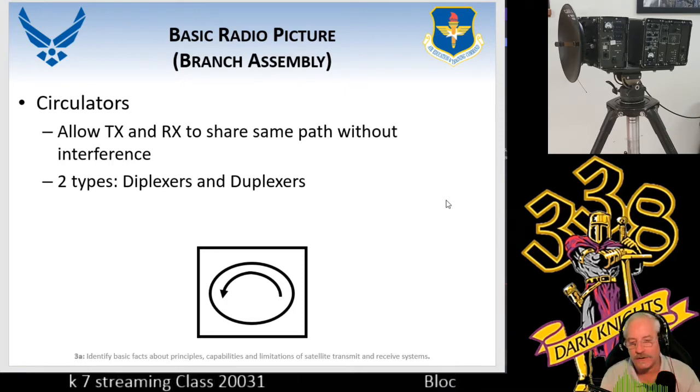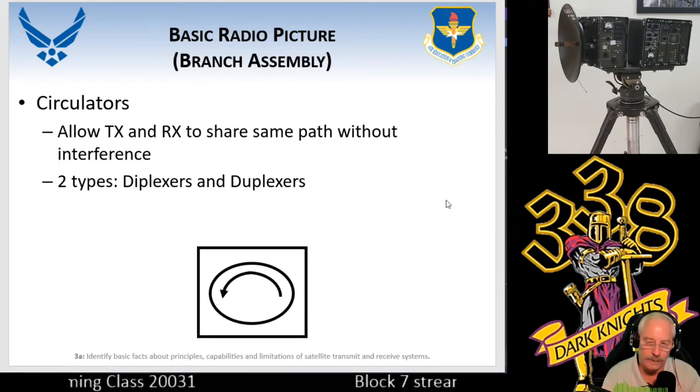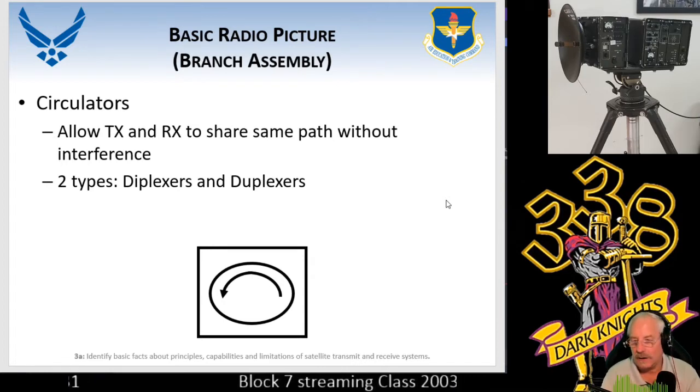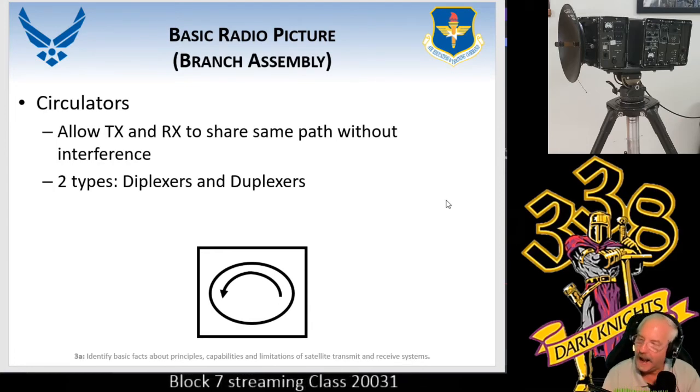But with our SATCOM or wideband, our transmit frequency is different from our receive frequency, so we don't interfere. Well, with this circulator, our particular circulator has a 3-point system on it. It knows transmit, and it's going to direct it out the antenna.